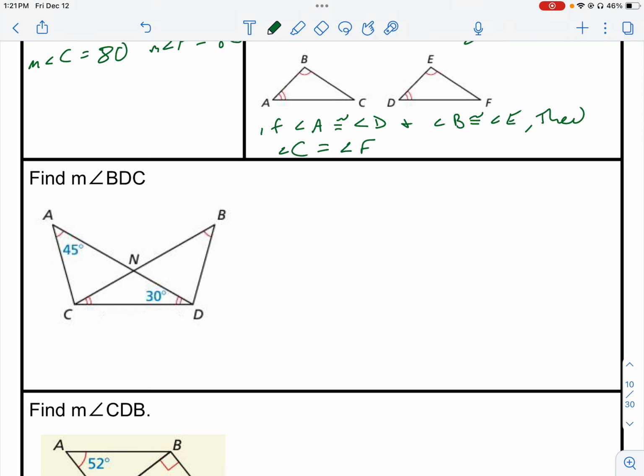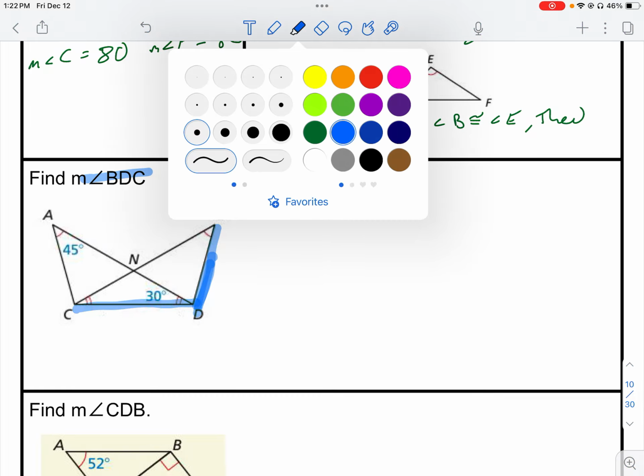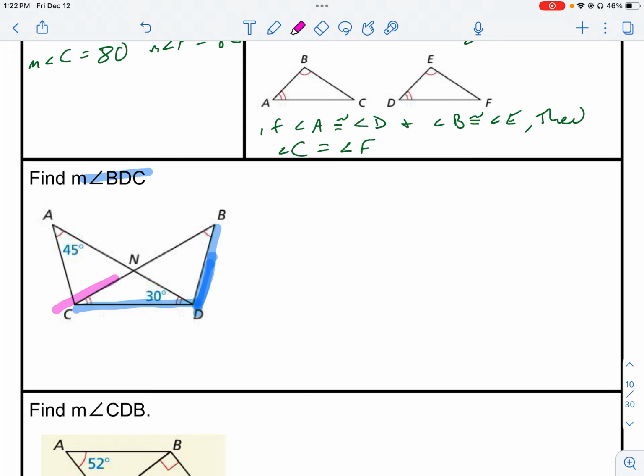So let's use that to our advantage. So we want to find the measure of angle BDC, which is right here. And there's a number of ways we can do it. Let's look at this. Here we have a triangle that includes angle BDC.